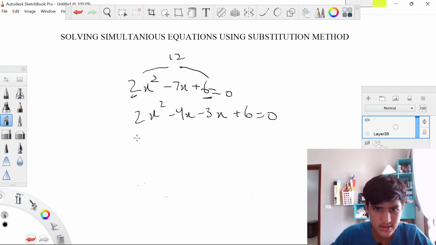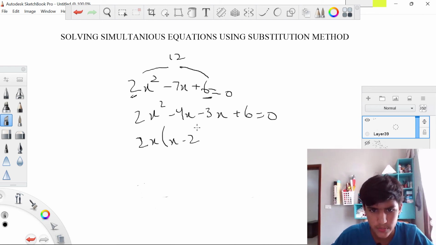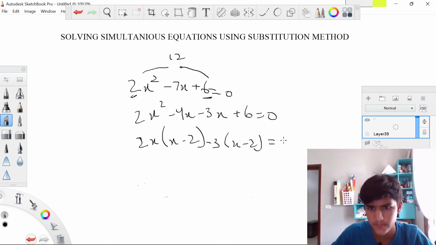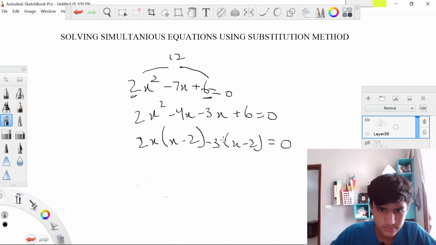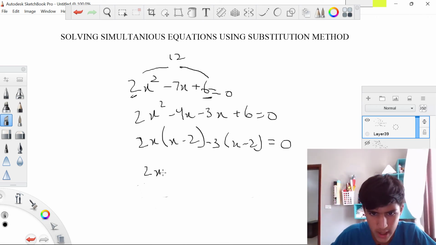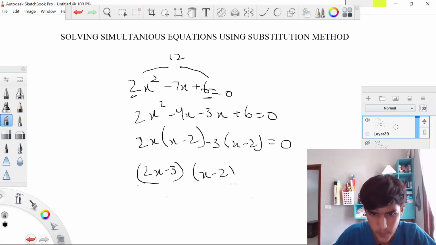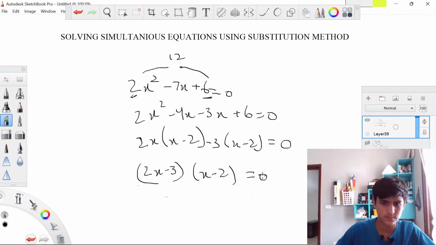You can take 2x common, 2x into x minus 2, and here we're going to take minus 3 common, so minus 3 into x minus 2 is equal to 0. So 2x minus 3 and x minus 2 is equal to 0.